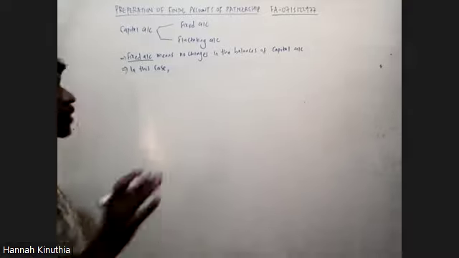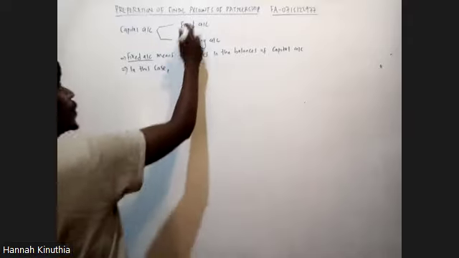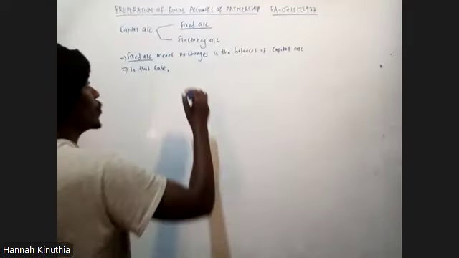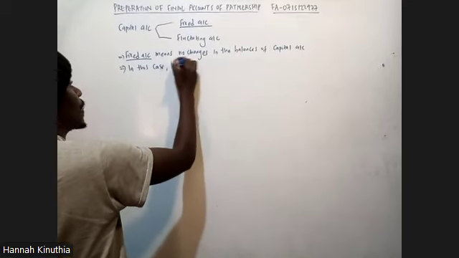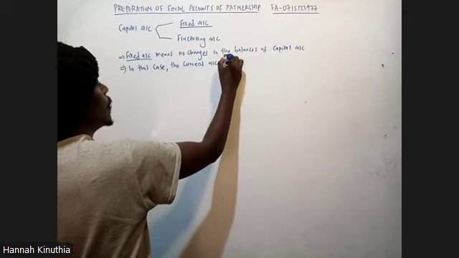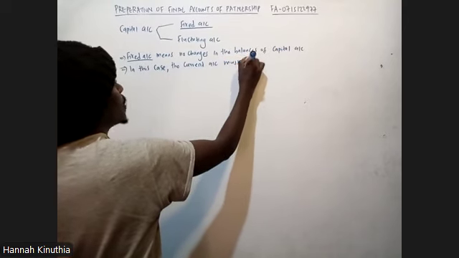The capital account is remaining constant. Therefore, when we're maintaining a fixed account, we must prepare the current account. The current account must be prepared.